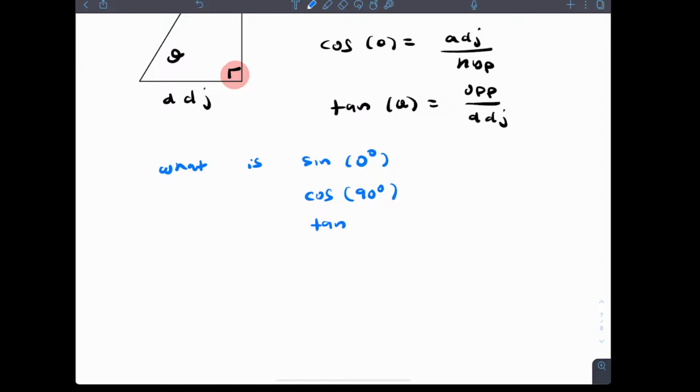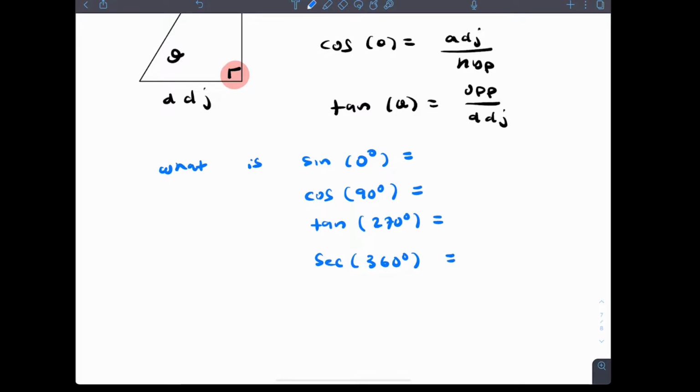What is tangent of, for example, 270 degrees? And then what is maybe secant of 360 degrees? So I'll start with the ones that are kind of the easiest to do.